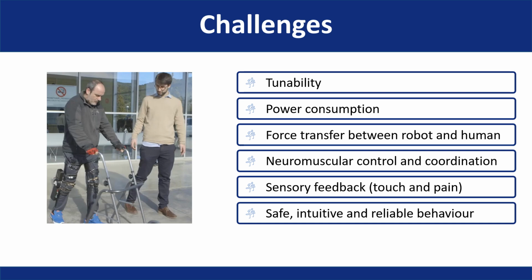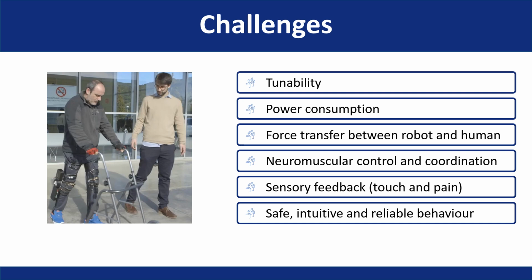So in order to achieve complete substitution, for example, of a limb, the user should be able to use the prosthetics as if they were their actual limbs, and as such it would require sensory feedback, so touch and pain, which currently is not achievable.